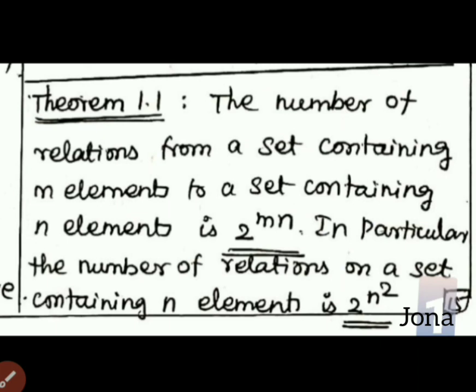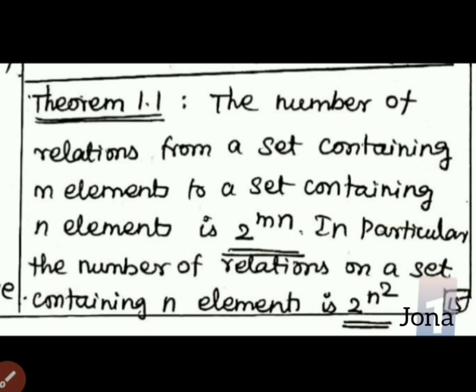Now we are going to see the continuation of sets, relations and functions. Here we have one statement. The number of relations from a set A containing m elements to a set B containing n elements is 2 power mn.